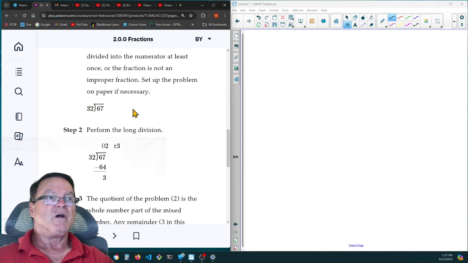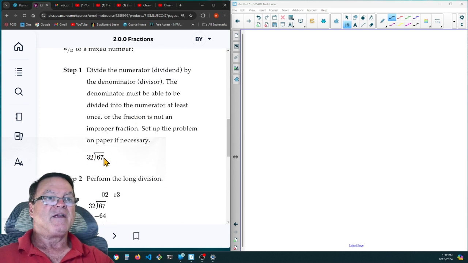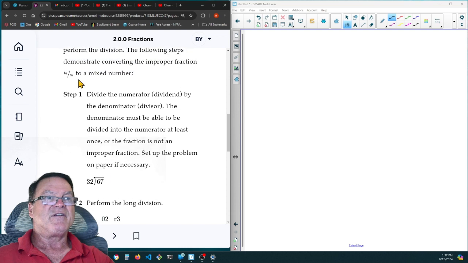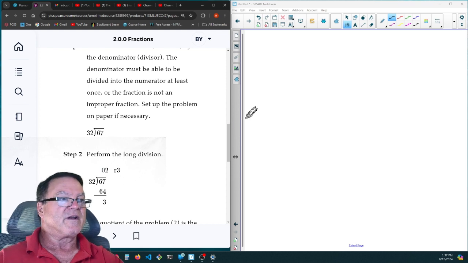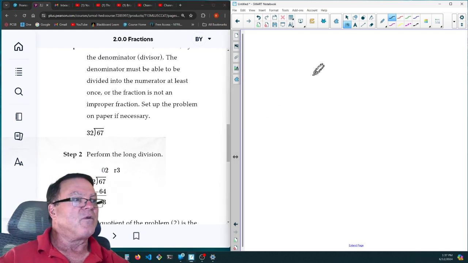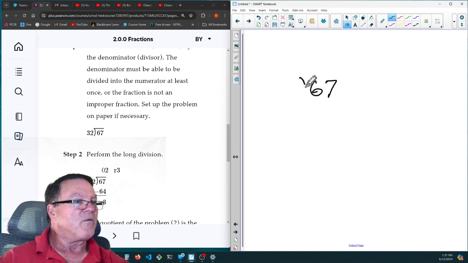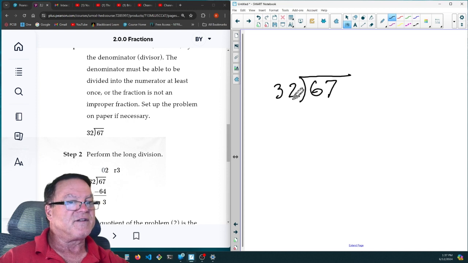So we're going to do 67/32. We're going to write down what they have over here. We're going to divide 67. We're going to draw our division bar and put 32 out here as the divisor.